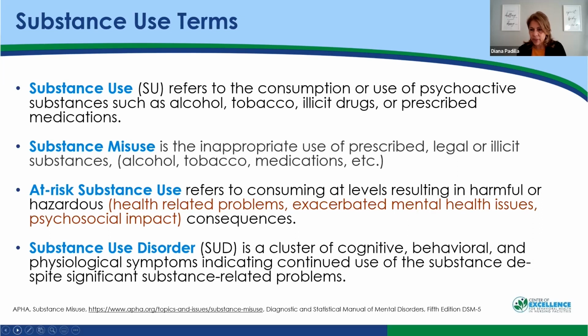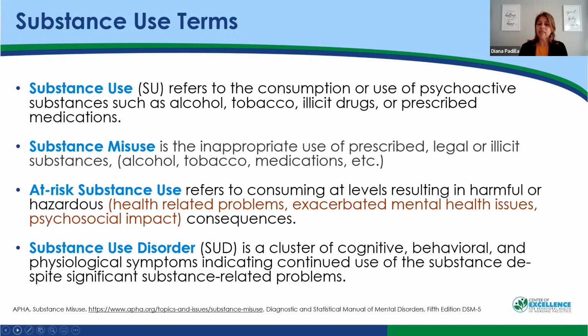At-risk substance use is very elusive. This refers to consuming at harmful or hazardous levels. When we're talking about people putting themselves at risk of hazardous consequences, it's because they are drinking or using to a point where their impaired judgment is putting them in a position to get a DWI, or to stumble over the sidewalk and fall while crossing.